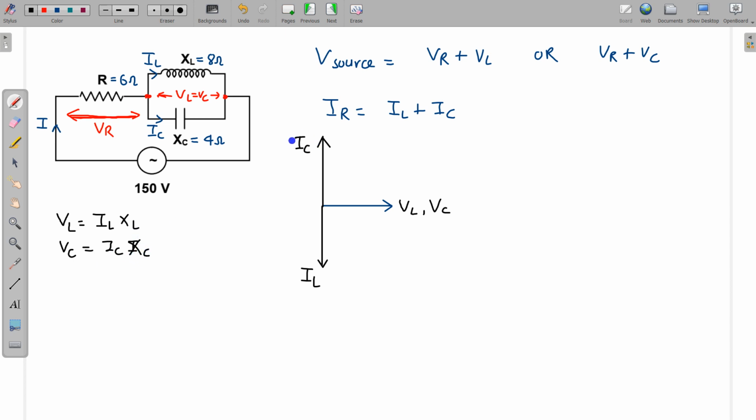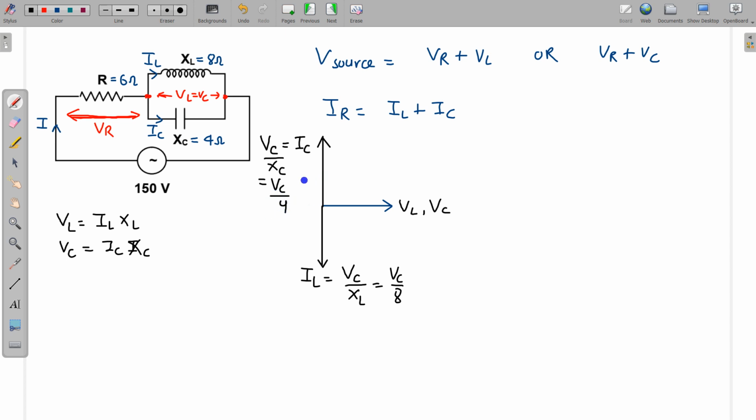So IC we can write as VC divided by XC, and this is also equal to VC, or this is also equal to VL. So VC divided by XL, and what is the value of XL here? XL is 8 here. It is VC divided by 8, and this is VC divided by 4.